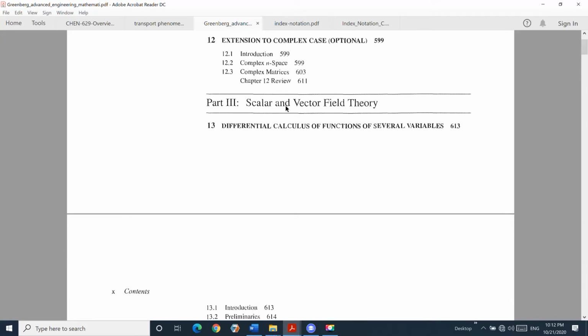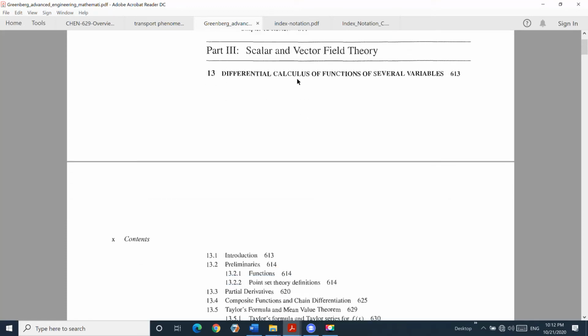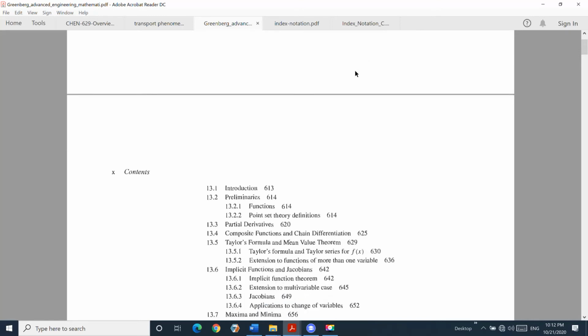Part 3 in this book talks about scalar and vector field theory. It is a very important part for understanding this whole course of transport phenomena. Chapter 13 covers the differential calculus of functions of several variables.